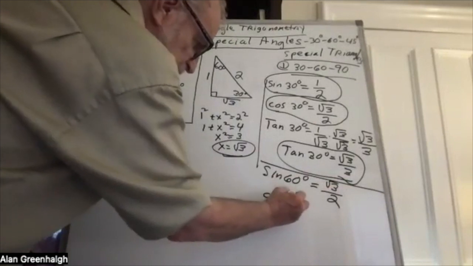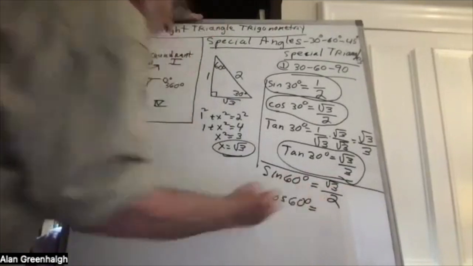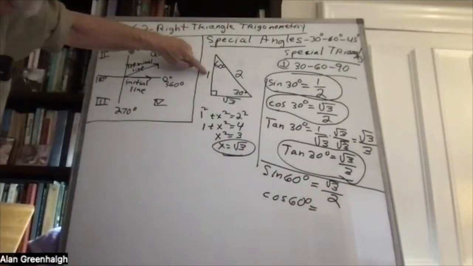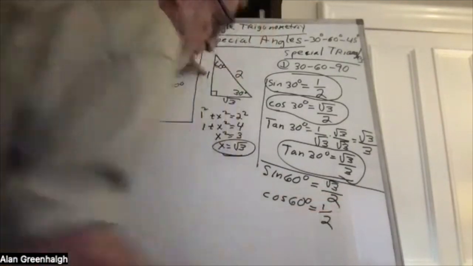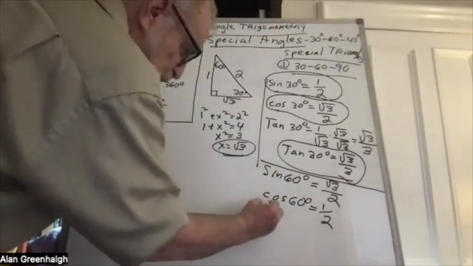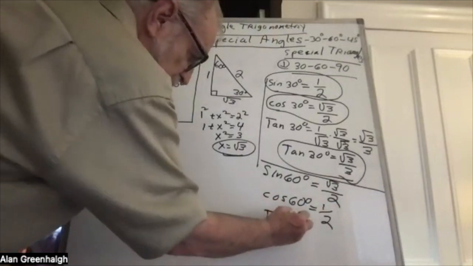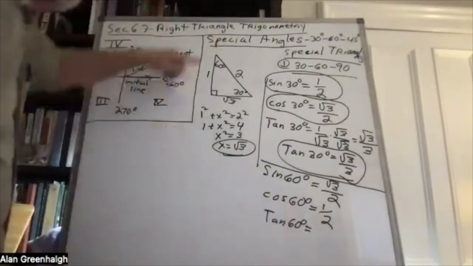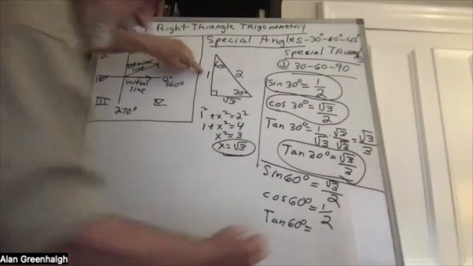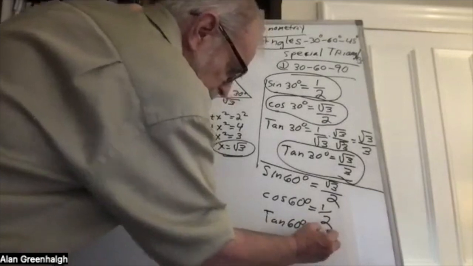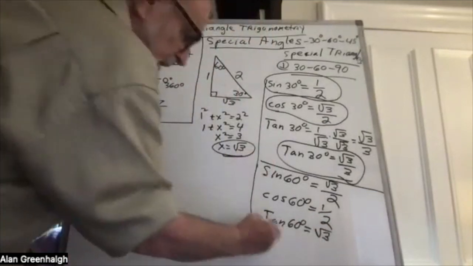Cosine of 60 degrees is adjacent over hypotenuse. The tangent of 60 degrees is opposite over adjacent. Square root of 3 over 1, or just the square root of 3.